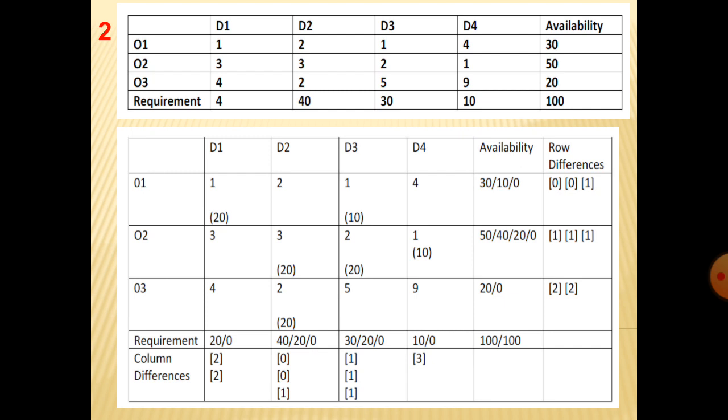You proceed with the problem again. 1 minus 1 minimum cost, that is the row difference is 0. Okay, next 2 minus 1, 2 minus 3, 1 difference. We have to find out the penalties.